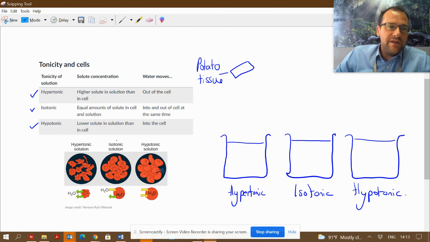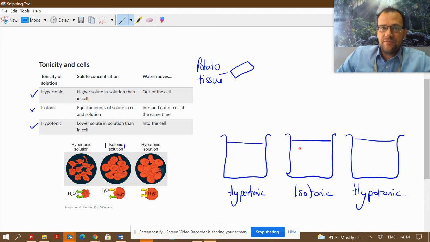We recognise maybe this word here, isotonic, from some sports drinks, which means equal amounts of solute in cell and solution. So the isotonic sports drink you're drinking would contain, let's make the solute particles a bit bigger, I'm going to make the solute particles red this time.